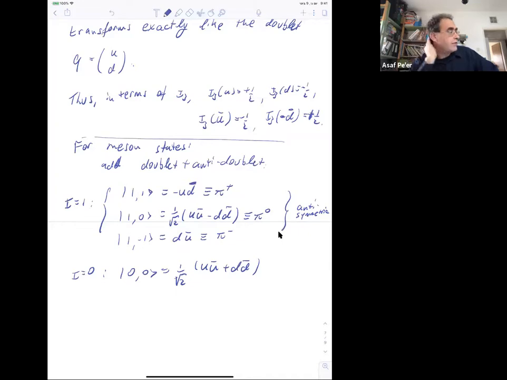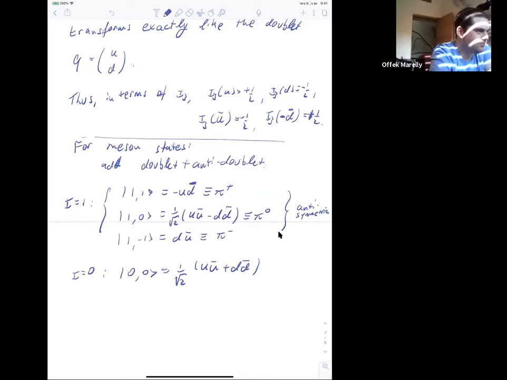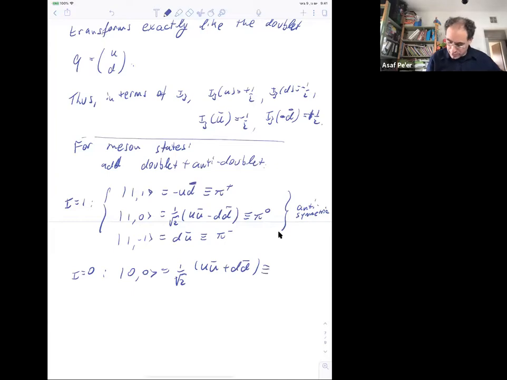What would annihilate is a lepton, anti-lepton, or baryon, anti-baryon. Quark, anti-quark, they do not annihilate. We call this the Eta. It's called the Eta meson. So this is symmetric.